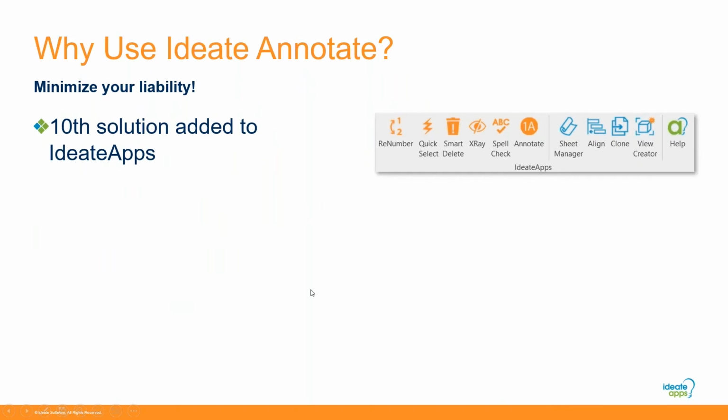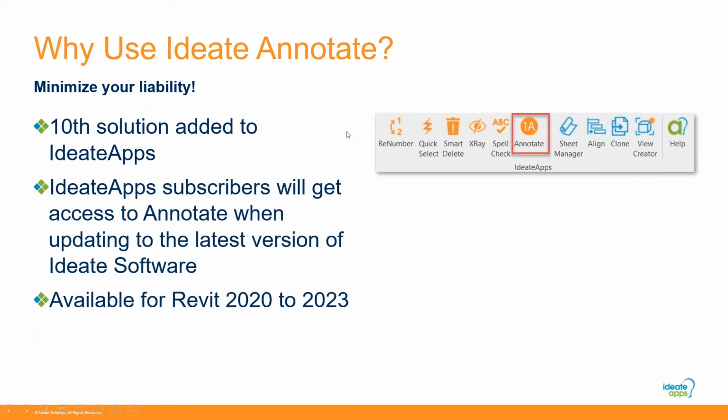So Ideate Annotate is the newest one to this collection, which we added back in June of this year. If you subscribe to Ideate apps, when you update to the latest version of the Ideate software, you will see the Ideate Annotate tool appear in that toolbar. If you do have apps but you don't see the Annotate tool in your toolbar, you just need to update to the latest version.